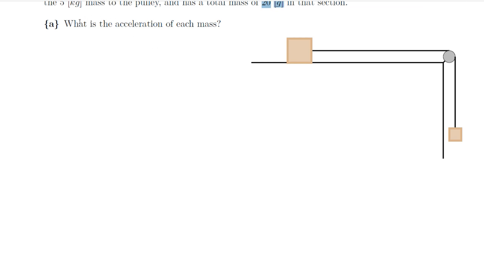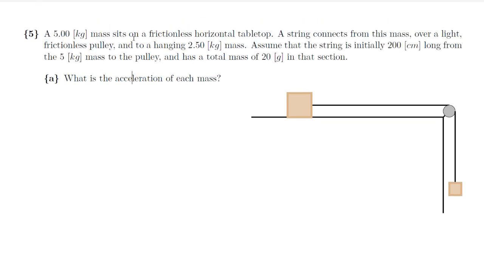First thing is, what is the acceleration of each mass? Okay. There is one thing that you will assume in this problem, which you'll see makes sense here, is that the mass of the rope or the string is much, much smaller than the masses that are driving the system. So we're going to ignore that the mass of the string contributes anything to the motion of the system.